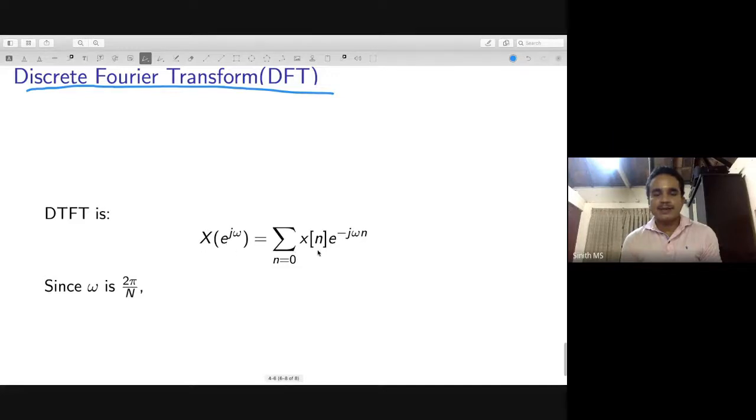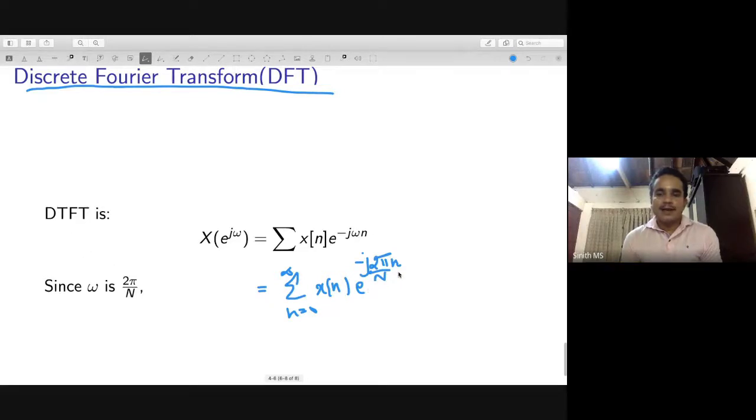X(e^{jω}) equals sigma x[n] e^{-jωn}, and since ω is 2π by N, you can write this as sigma n equal to 0 to infinity x[n] e^{-j2π/N}. Omega you can write as 2π by N into n. So this is the discrete time Fourier transform.